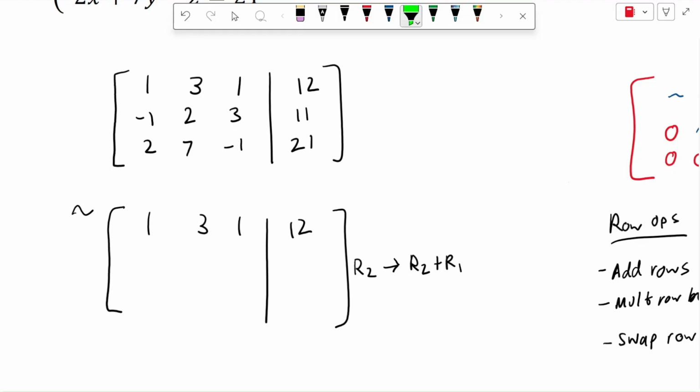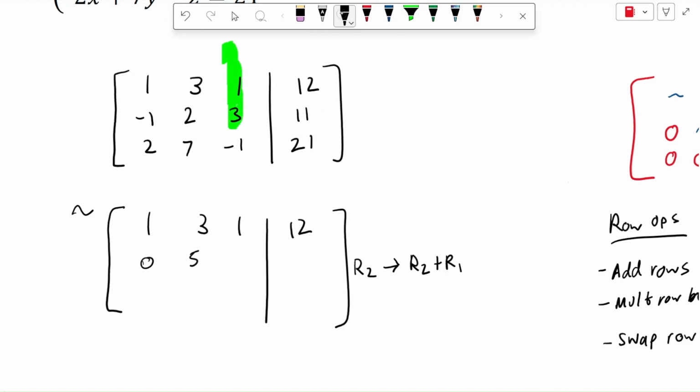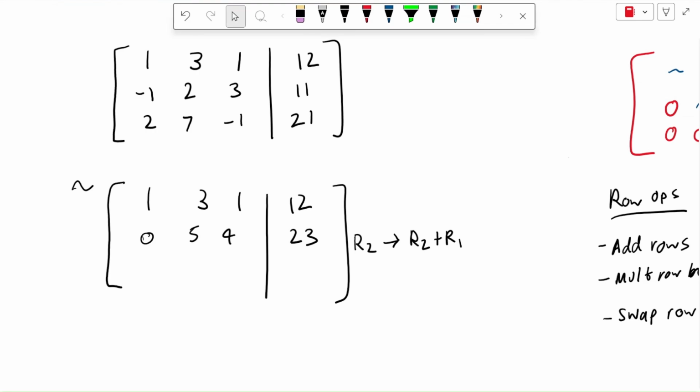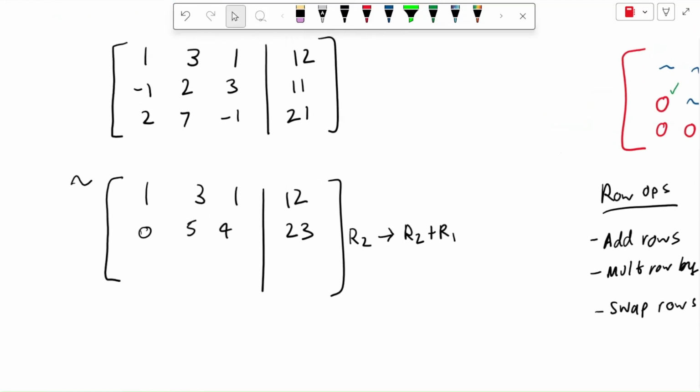So row 2 plus row 1, I'm going to get minus 1 plus 1 gives me 0 there. Okay. Then I'm going to get 2 plus 3 should give me 5. I'm going to get 1 plus 3 should give me 4. And then I'm going to get 12 plus 11 should give me 23. Cool. So we got a 0 where we want it. We'll put a little tick there. We're on track.